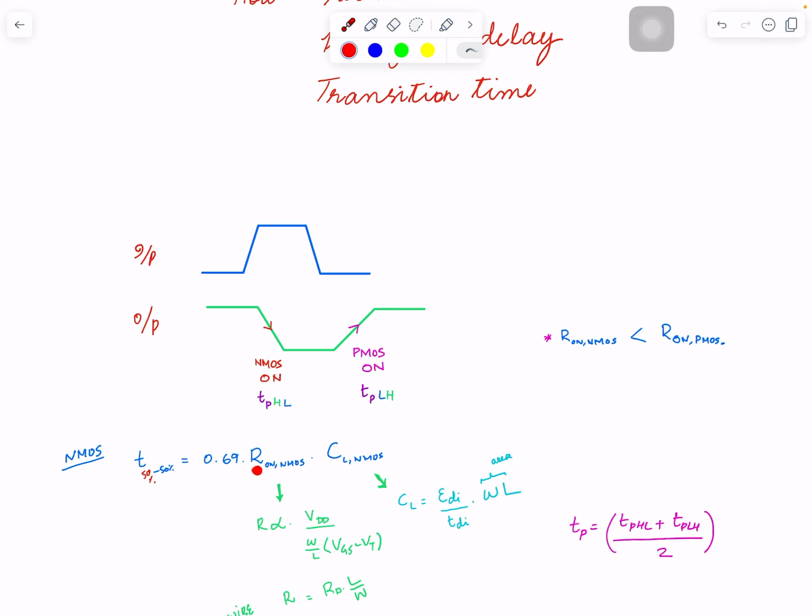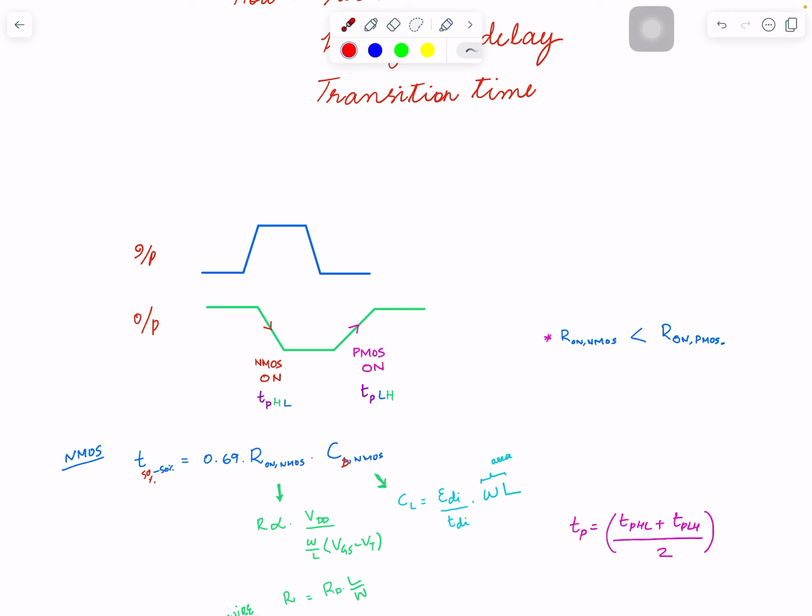That's why I put R, the on resistance of NMOS, and C load means the drain capacitance. Whenever I say C load, it is really the drain capacitance when there is no external wire. So here I'm talking only about the intrinsic characteristics of the transistor. The external wire is not connected.